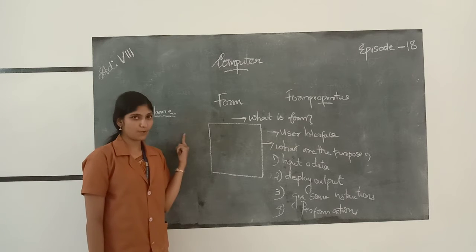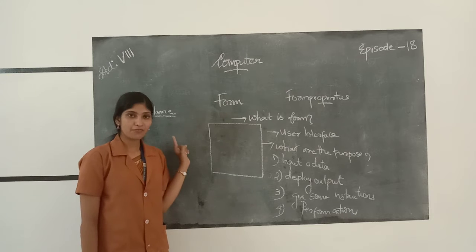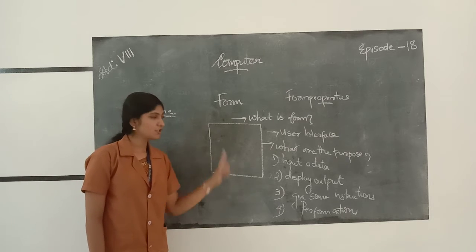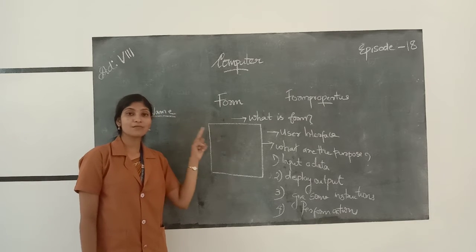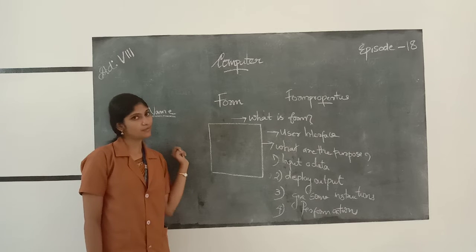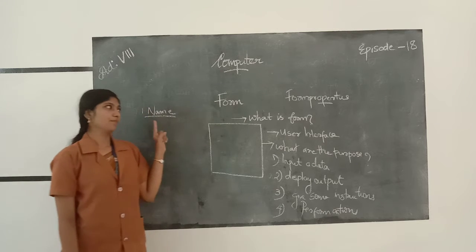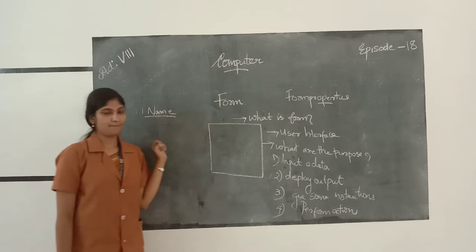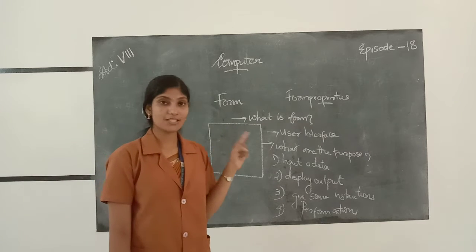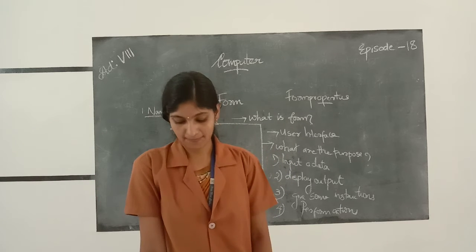So here first property is name. It defines the name for the shape and which will be referred by the code you write. Right? Okay. So first one, name. Name defines the name for a shape.